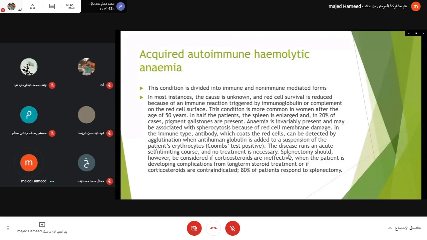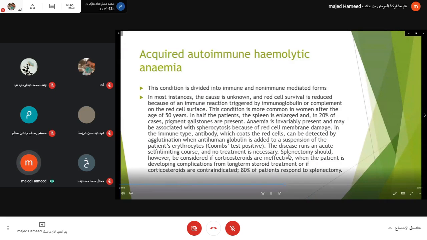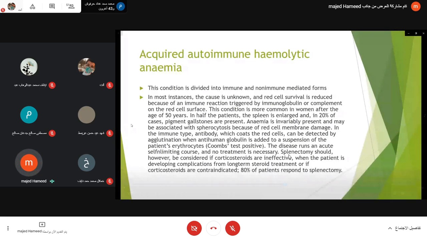In half the patients, the spleen is large, and in 20% of cases pigmented gallstones are present. Anemia is invariably present and may be associated with spherocytosis because of red cell membrane damage.